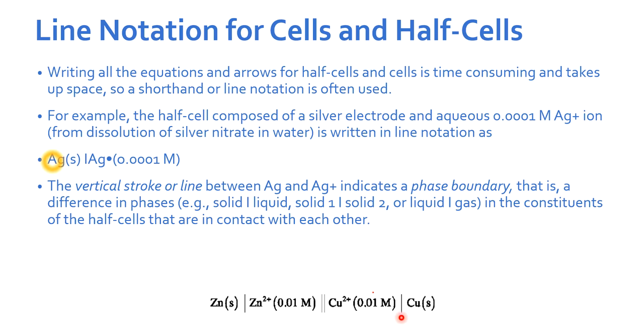From there you enter another phase, so a line separates it from another electrode. It's copper, which is solid in state. If you are facing different phases in a cell, you should draw another separate line, according to the phase, whether solid or liquid, however many phases there are.